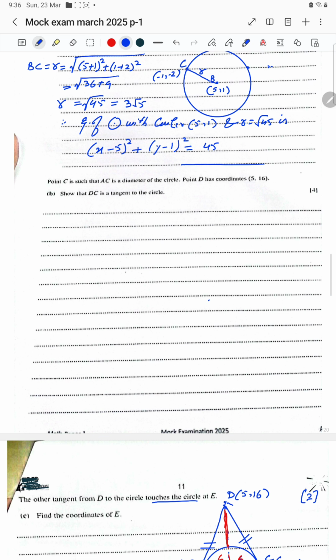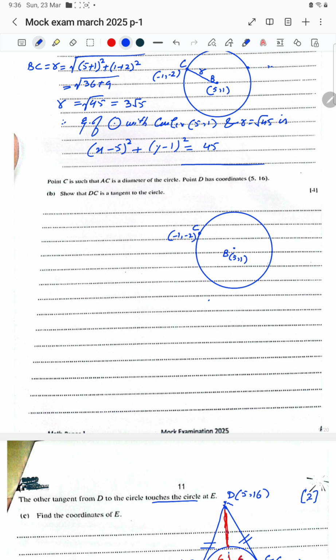Okay, here it goes, B part. The point A is such that AC is the diameter of the circle. If it is like this, B and C, C is (-1, -2), B was given to us, that is (5, 1), and AC is the diameter.